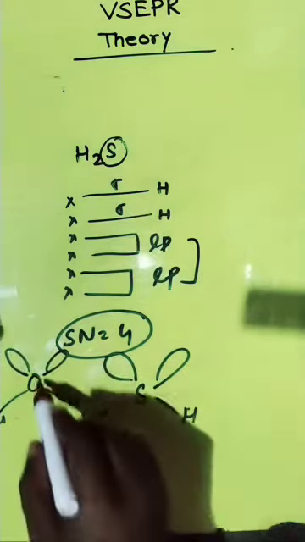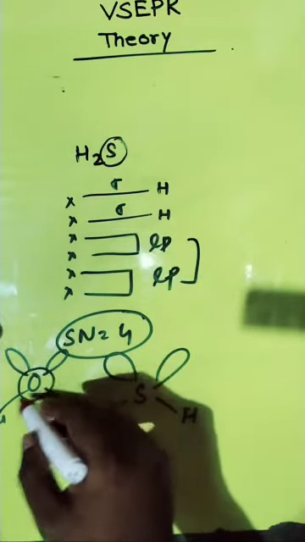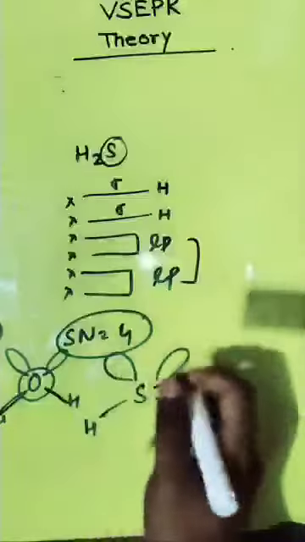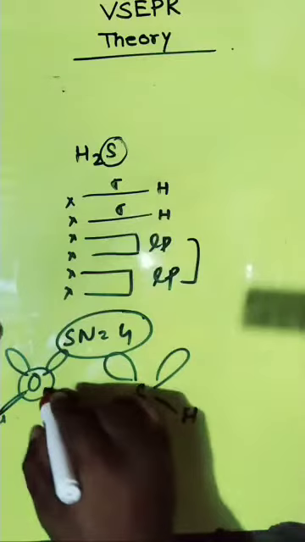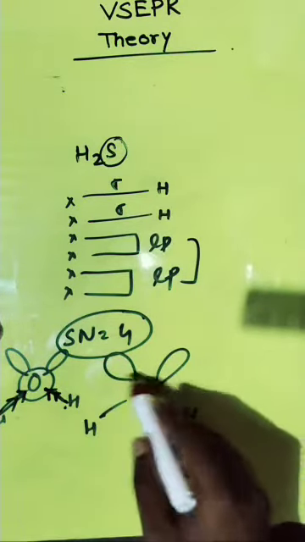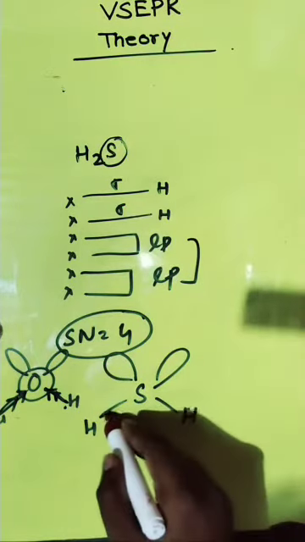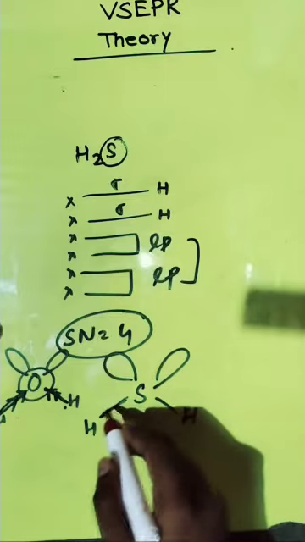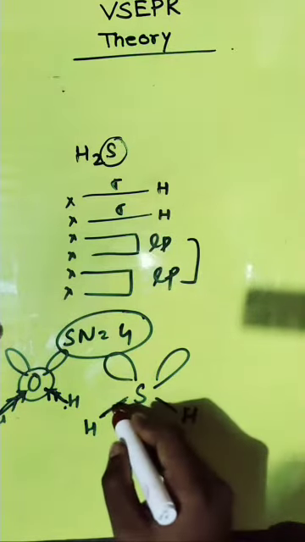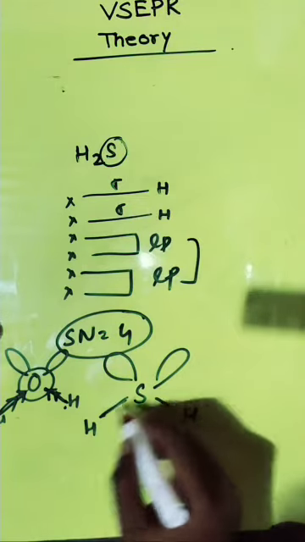But the bond angle of H2S and the bond angle of water are quite different. Why? Because oxygen is an electronegative atom, and due to this electronegativity, the oxygen atom attracts electrons from the oxygen hydrogen bond towards itself. But sulfur is not such an electronegative atom like oxygen, therefore it cannot attract the bonded electrons towards itself. Therefore, for the sulfur hydrogen bond, the electron density is distributed slightly more equally between hydrogen and sulfur.